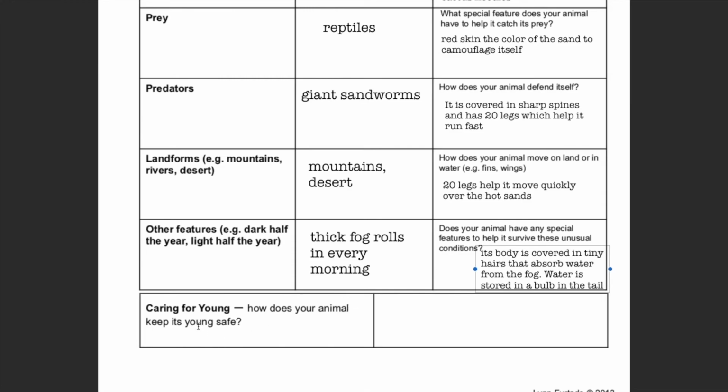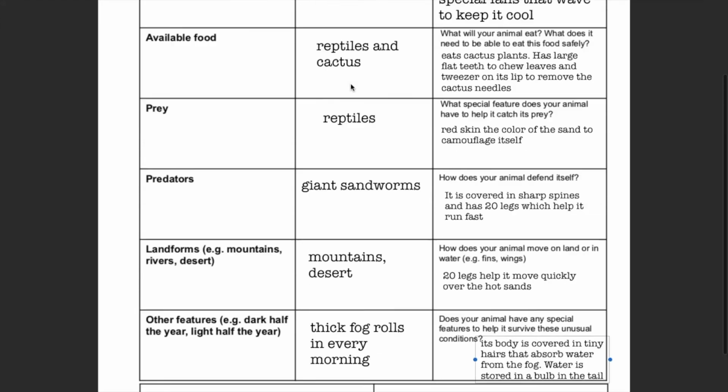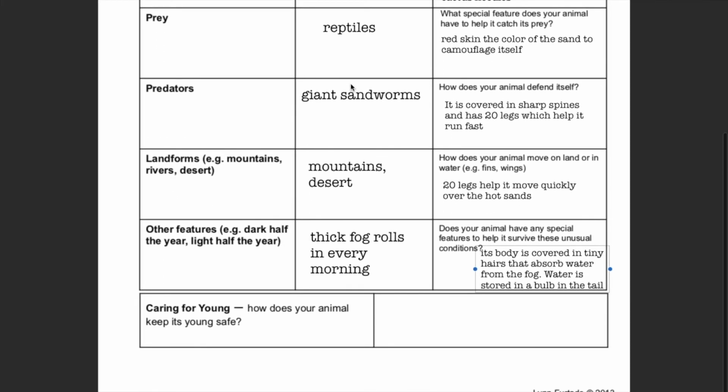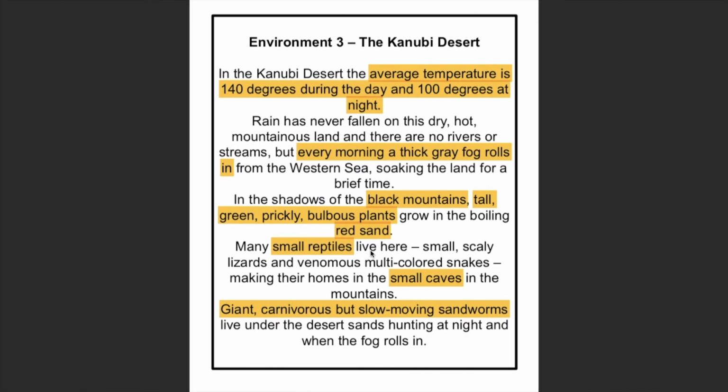Now the last thing we need to look at is how is our animal going to care for its young? Because there's not really any features from our passage that specifically talk about this, I'm going to use some information that we pulled over here about these small caves, because I really don't want my animal's young to be eaten by these sandworms.